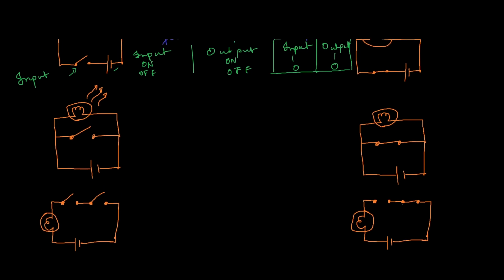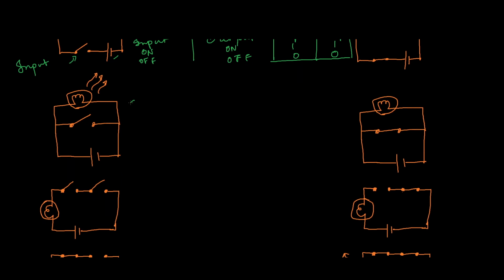And if we move on to this next circuit here, these two, they are the same circuit with the switch open here and closed here. And if we tabulate the result here once again, we notice that when the switch is off, the bulb is glowing because the circuit is still complete this way.